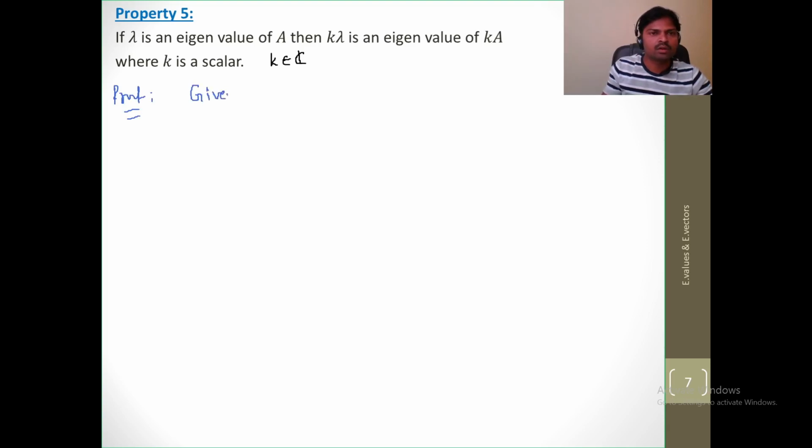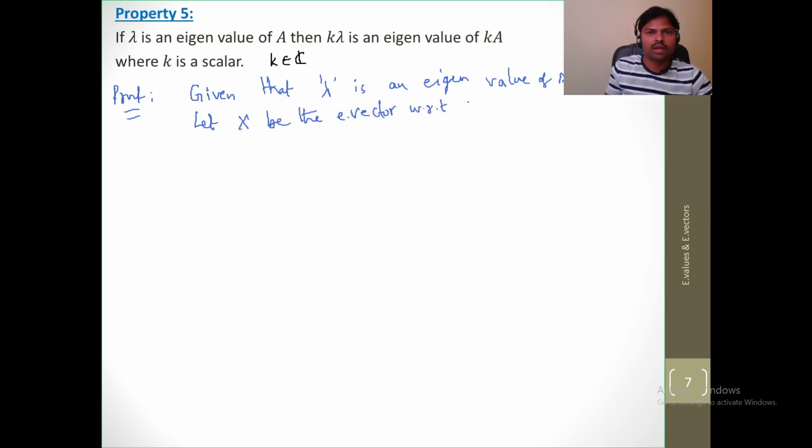Given that lambda is an eigenvalue of A, let x be the eigenvector with respect to lambda. So clearly I can write that A into x is equal to lambda x. Now what I want to prove is that k into lambda is an eigenvalue of k into A. So we have to prove that.